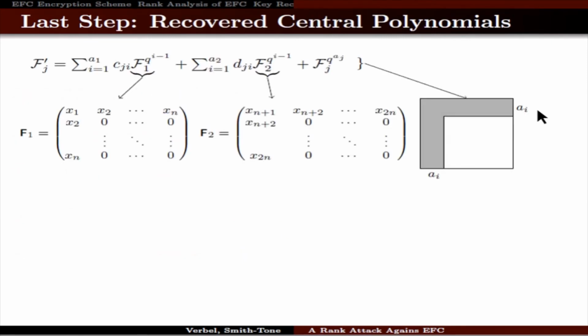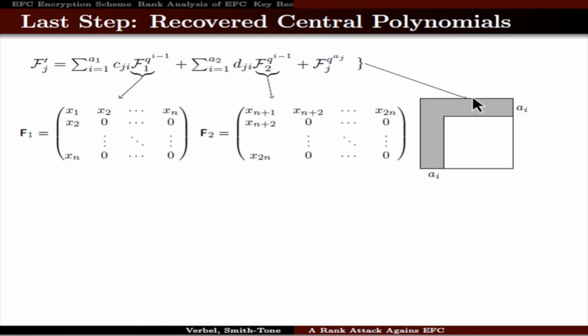After we solve our Minrank problem and find the matrix W, we have to find another solution to a Minrank problem with the same matrices and the same target rank, but this second Minrank problem is easier because we already have the matrix in the shape we wanted.